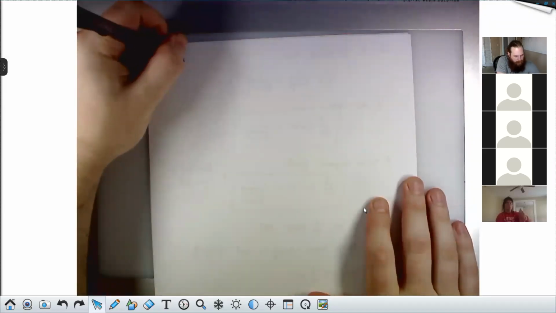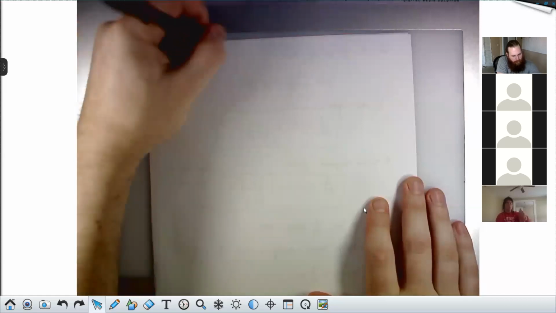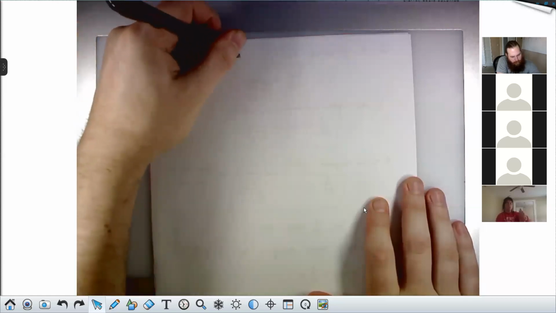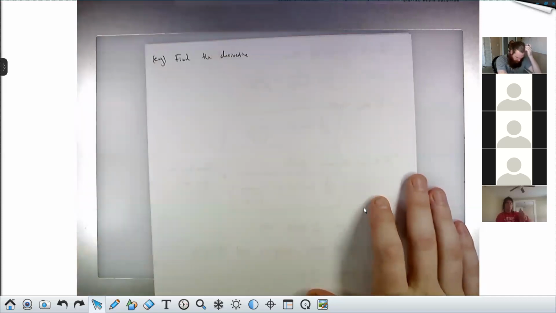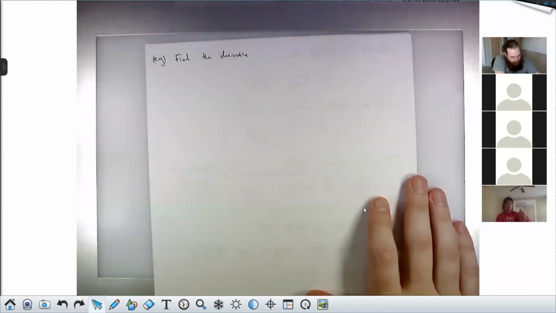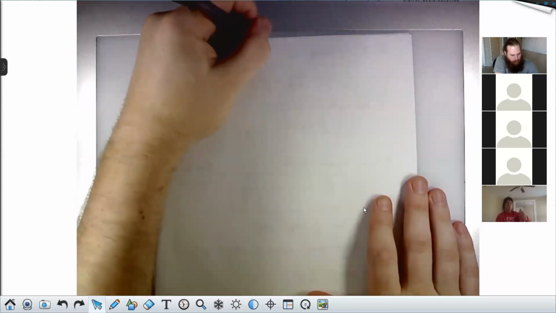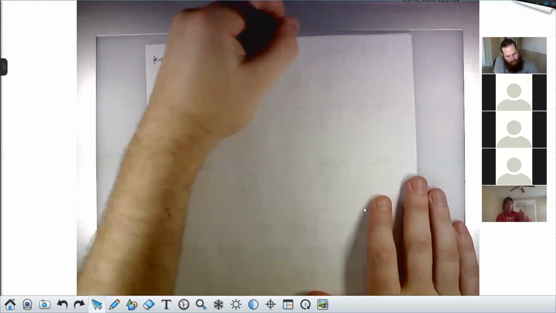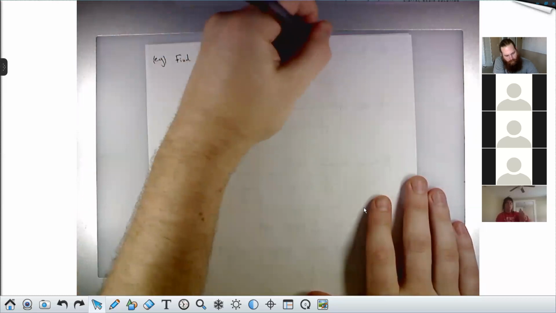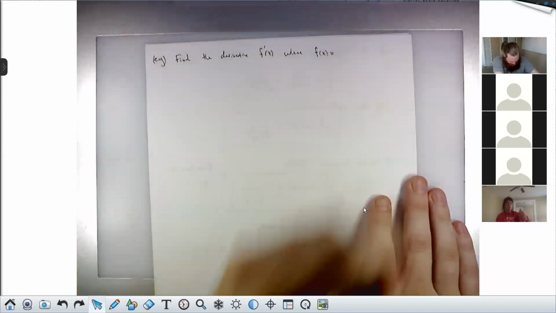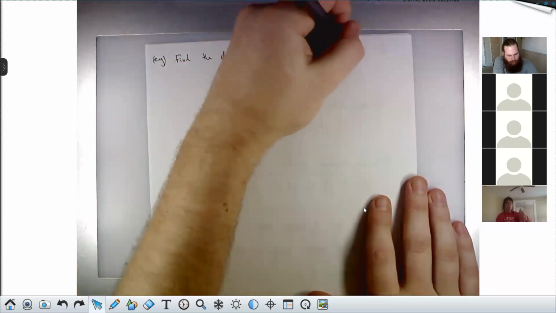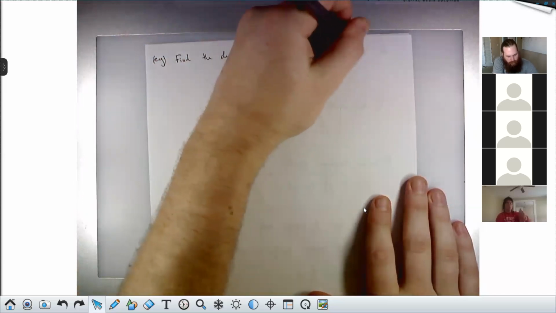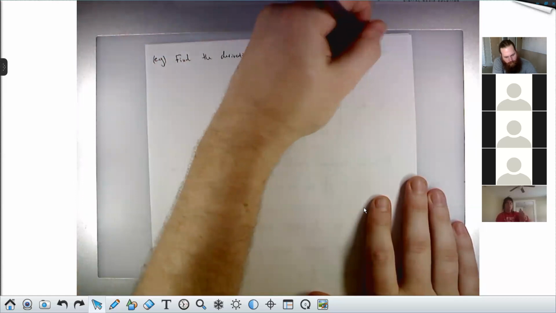Find the derivative. So this is going to be an example involving some inverse trig. Find f prime of x, where f of x is x times the inverse tangent of the square root of x.